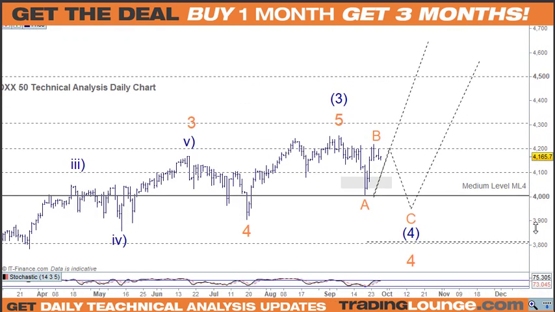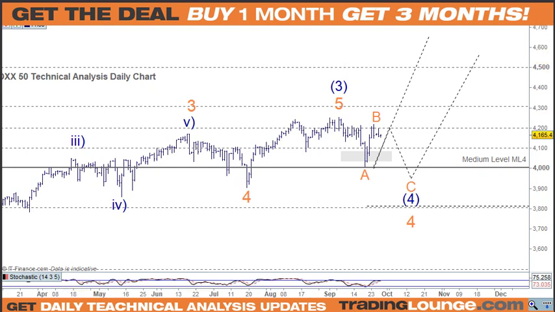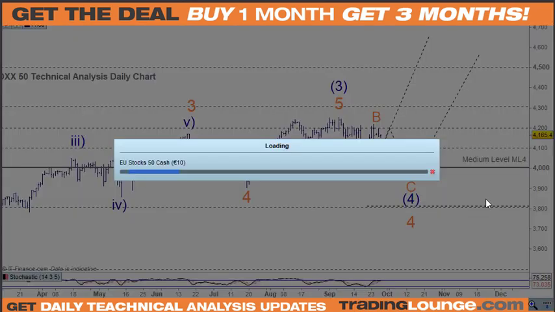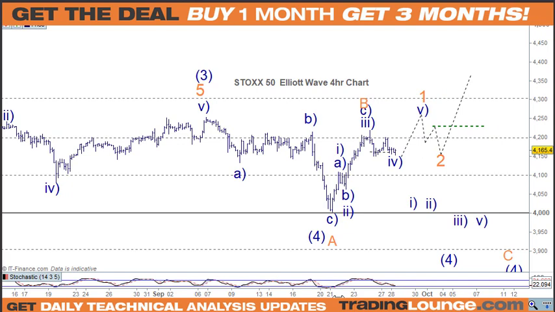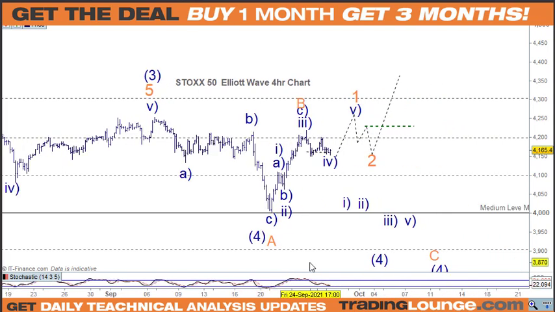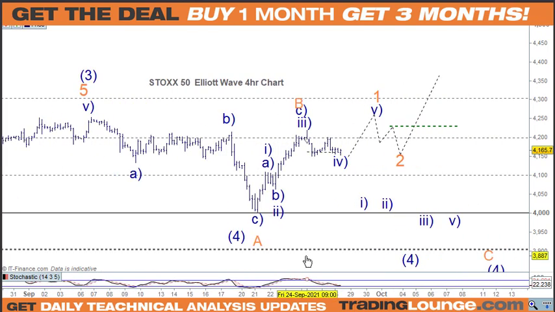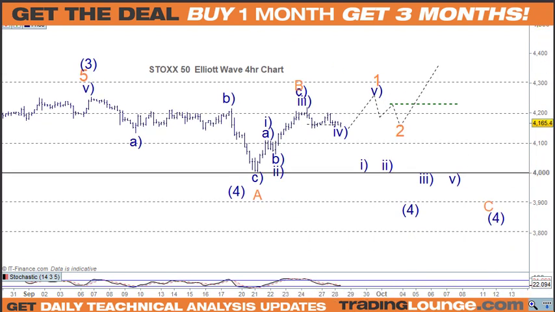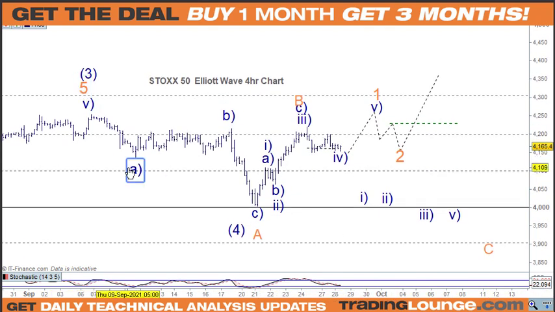So we're changing this around a little bit. I can't remember what I've updated here, it doesn't really matter. So this is from yesterday. We're playing out 2 scenarios. We're still looking at the old story, the ABC here for the A wave, and then an ABC for the B wave, and that's still pretty much intact.